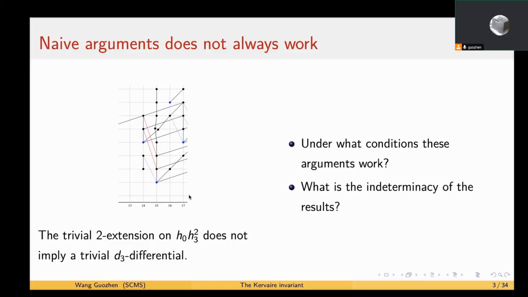So we want to ask, under what conditions can we make these naive arguments? When they work, what is the indeterminacy of the results of these arguments? We need to be very precise with these problems, because we want to apply these arguments using a computer program.